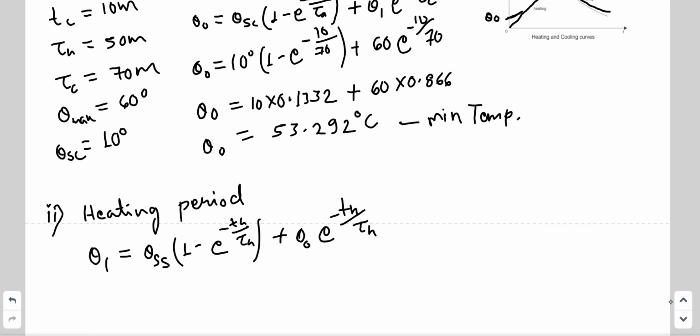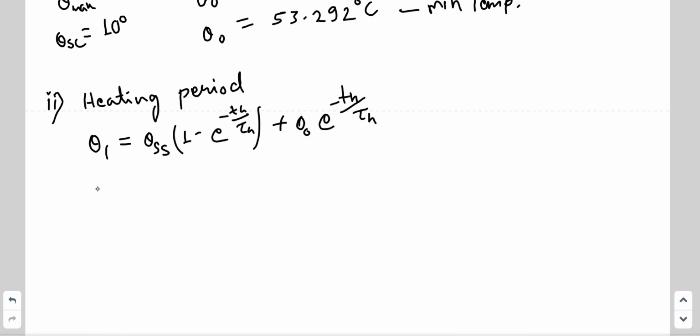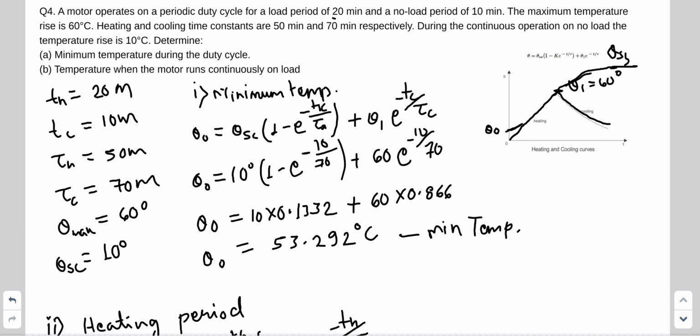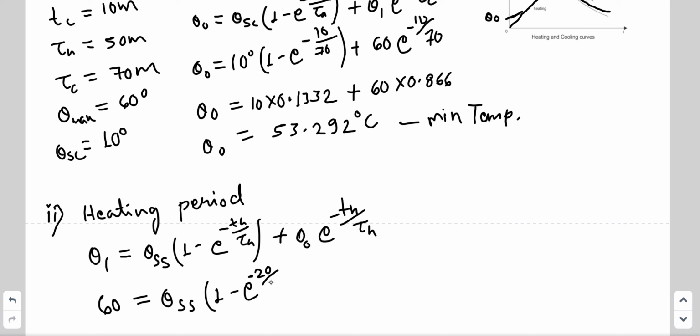So from here theta 1 is given in the question, 60 degrees Celsius, theta SS we have to calculate, and 1 minus e power minus heating time, which is 20 minutes, and heating time constant is 50 minutes, plus theta 0 we have calculated, so it is 53.292 into e power minus 20 divided by 50.